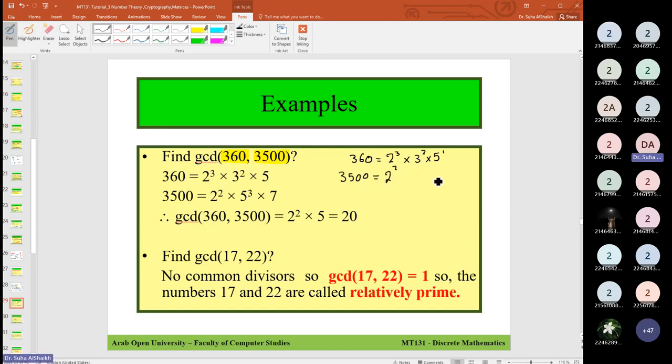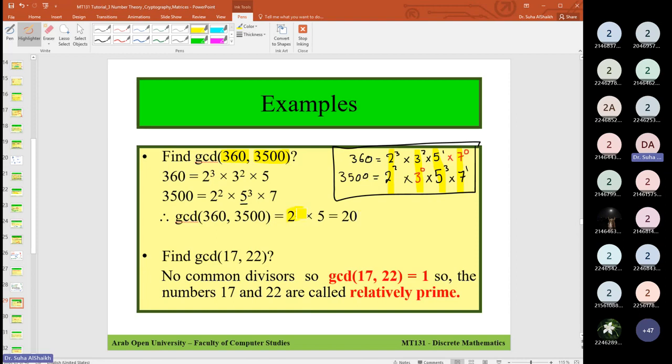There is no 3, I'm going to keep it empty. I have 5 power 3 and I have 7 power 1. To keep the balance, where there is no 3 I left it empty. So what does it mean? It means here there was 3 power 0, and in the place of the 7 here it will be 7 power 0. This way I have 2, 3, 5, 7.